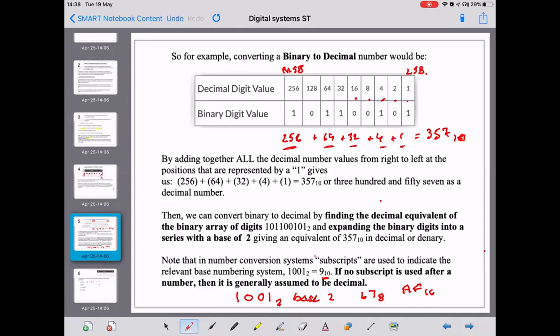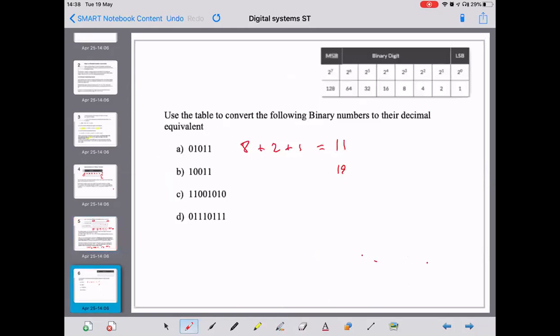Yeah, but why did you put the 10 there? That's just to say that the number is to the base 10. We wouldn't normally do that on decimal numbers. We normally leave it off for decimal and just assume decimal. So in this one, you've got 16 plus 2 plus 1 is 19.